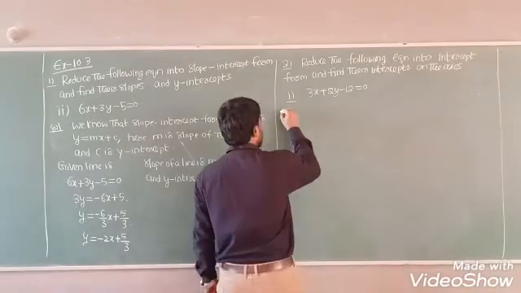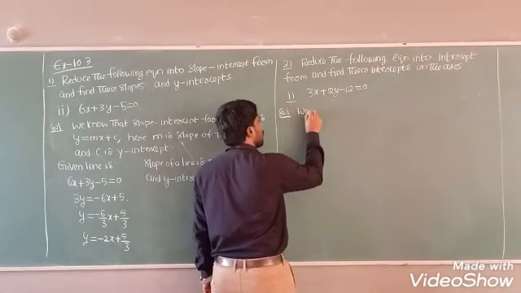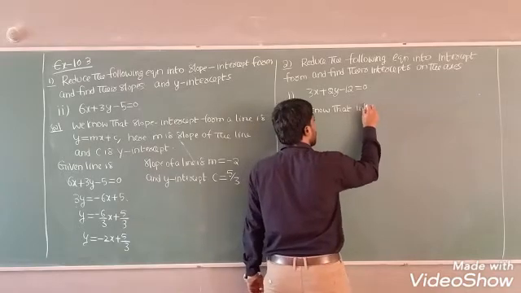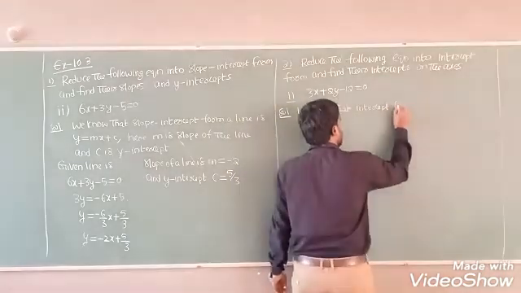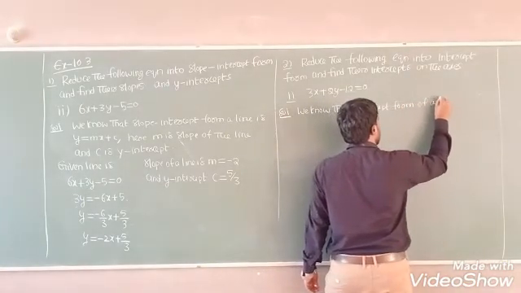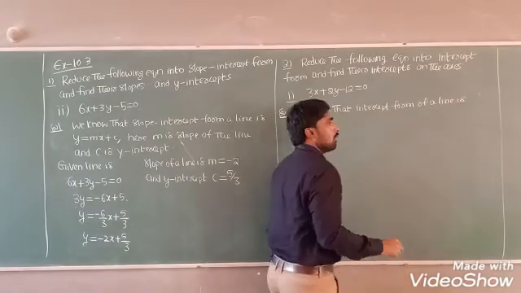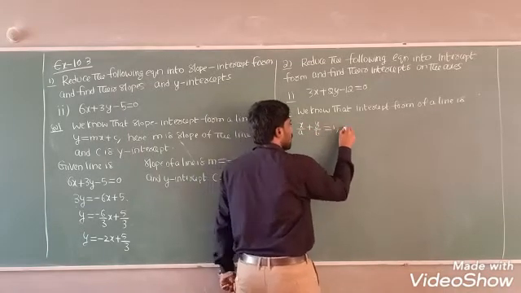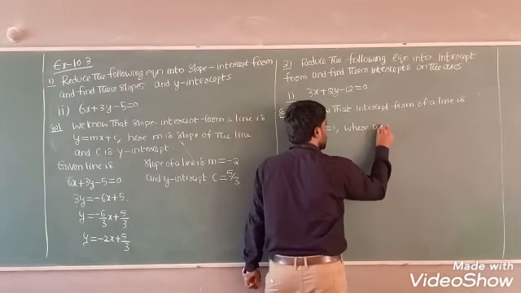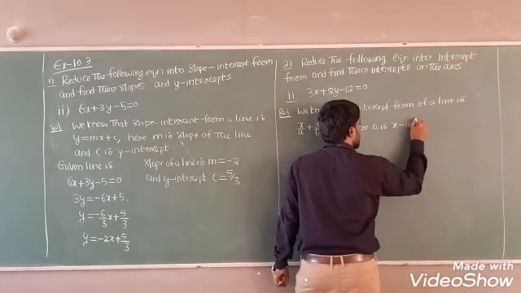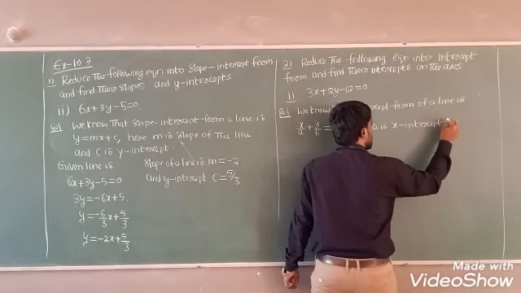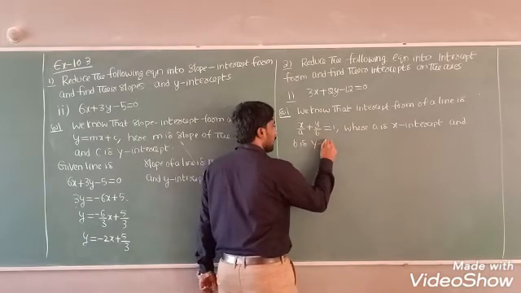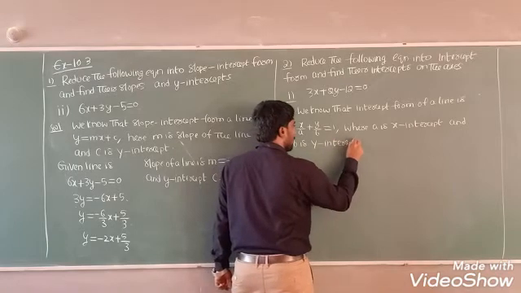Okay, so we know that intercept form of a line is x by a plus y by b equal to 1, where a is x-intercept, and b is y-intercept.